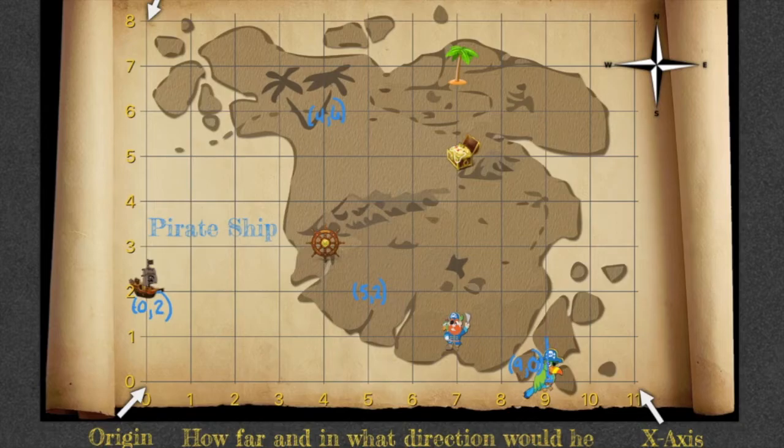So he's going to have to travel 1, 2, 3 blocks north, and then 1, 2, 3, 4, 5 blocks west. 1, 2, 3 blocks north, 1, 2, 3, 4, 5 blocks west, and that brings him to the captain's wheel, which is over here at x coordinate of 4 and the y coordinate of 3.